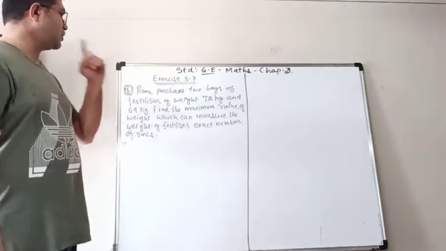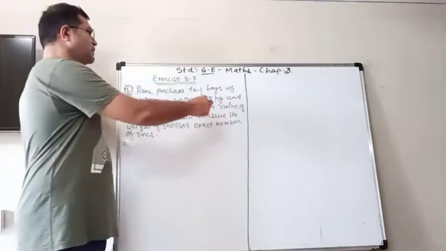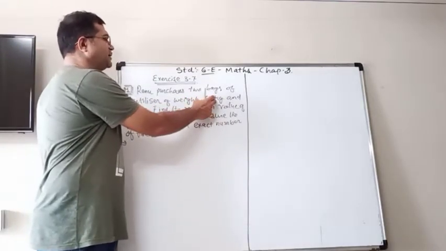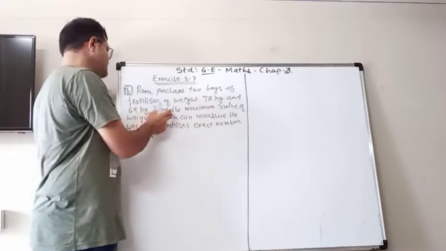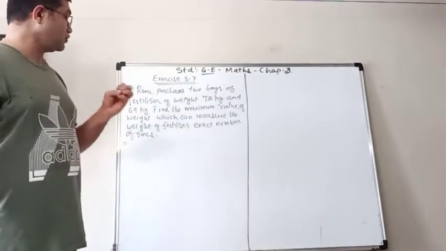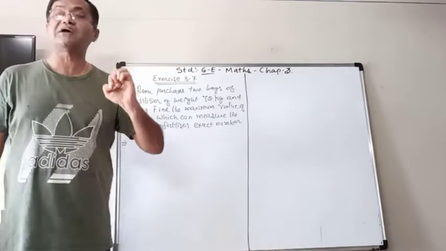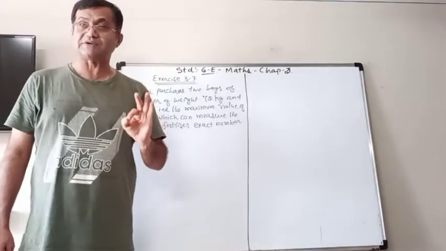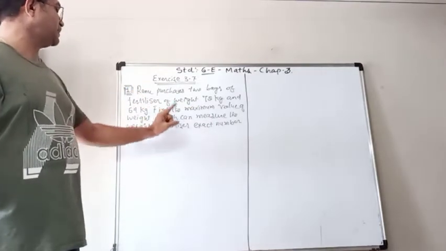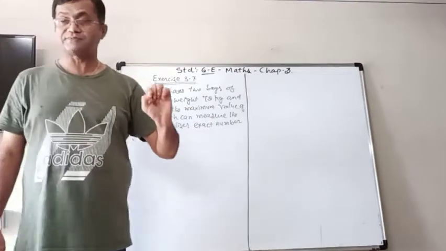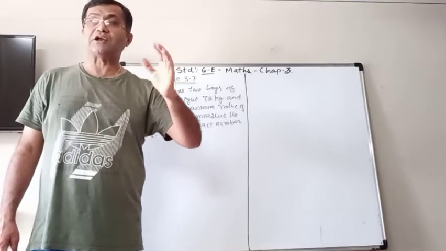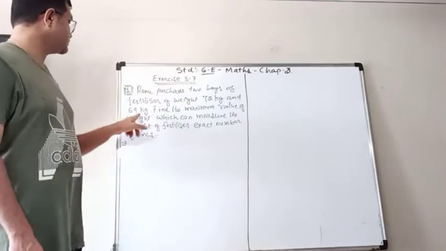Here, according to the situation, she bought 2 bags of fertilizer. One is of 75 kilogram, the other is 69 kilogram. And we have to find the maximum value of the weight which can measure the weight of fertilizer exact number of times. So here, the answer cannot be more than the highest number.